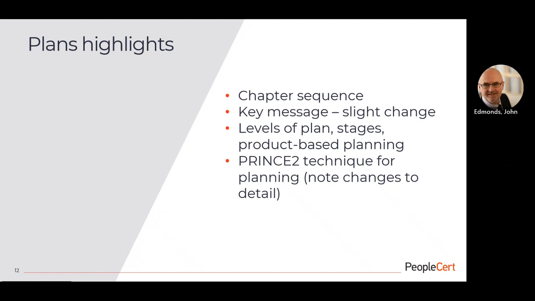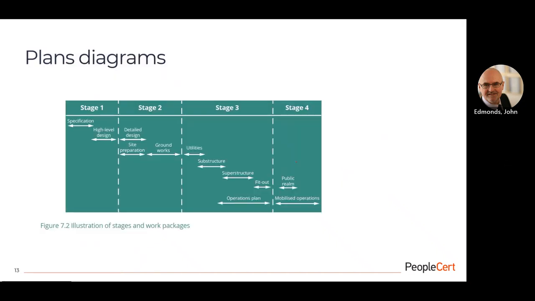The overall technique, the steps that we go through in terms of building a plan, there are some changes to that. So have a look at those and see how that story develops as you're going through there. We've got some examples of a breakdown structure, of a flow diagram, and they are used to illustrate one of the scenarios. So here's an example of the stages and work packages diagram.